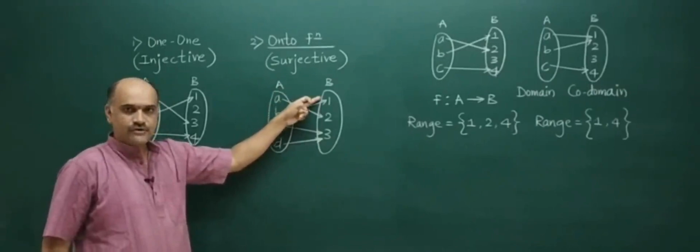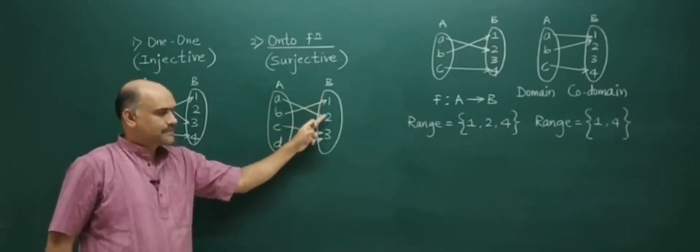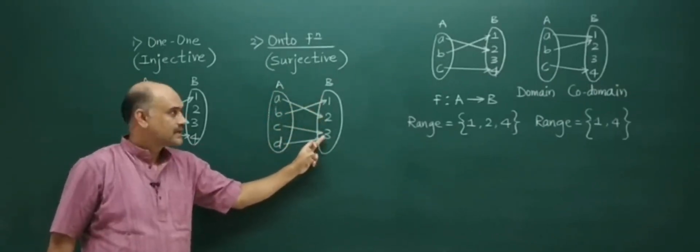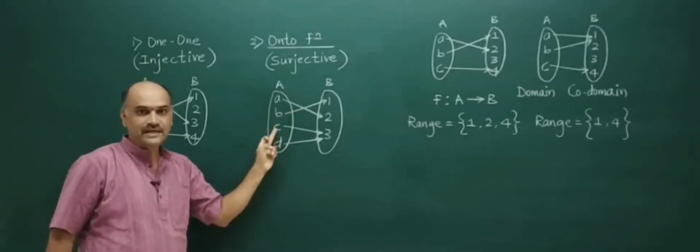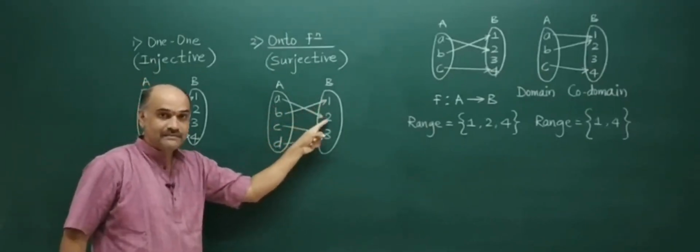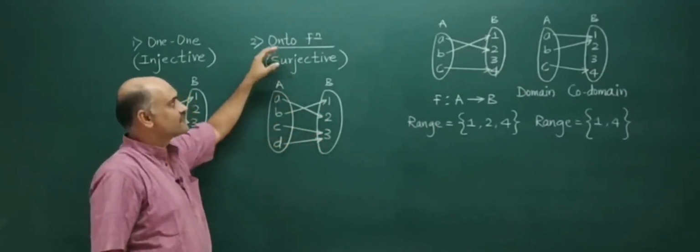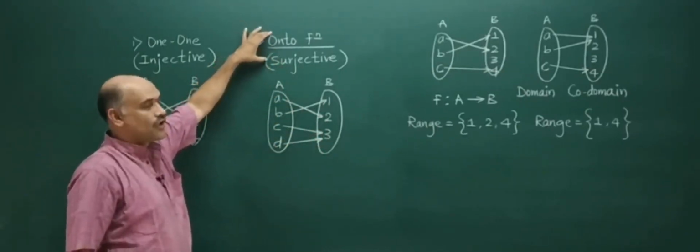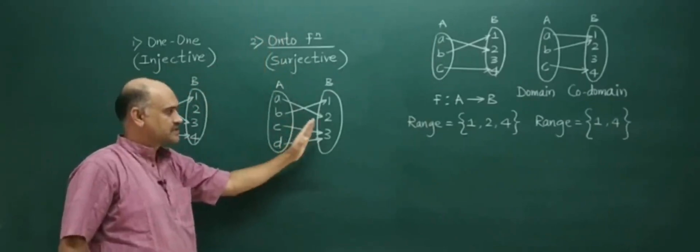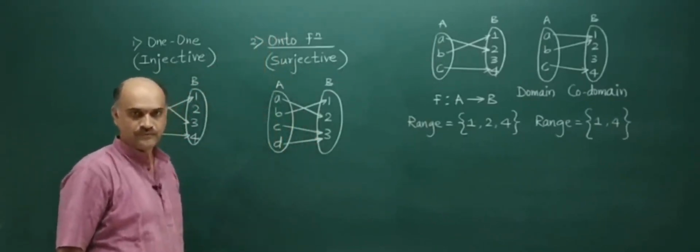Now if you observe over here, all elements of set B are related to set A, meaning all elements are images of elements in set A. Such a function we call an onto function.